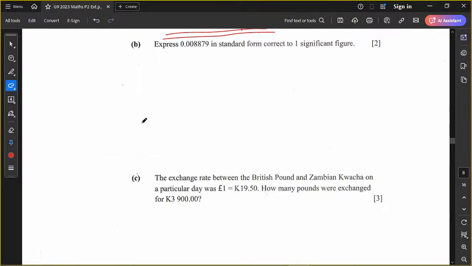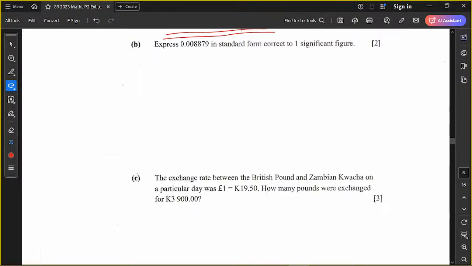Okay, we come to question 4b, which is express 0.008879 in standard form correct to one significant figure. First of all, what we need to do is round off this number to one significant figure, to the nearest non-zero number.